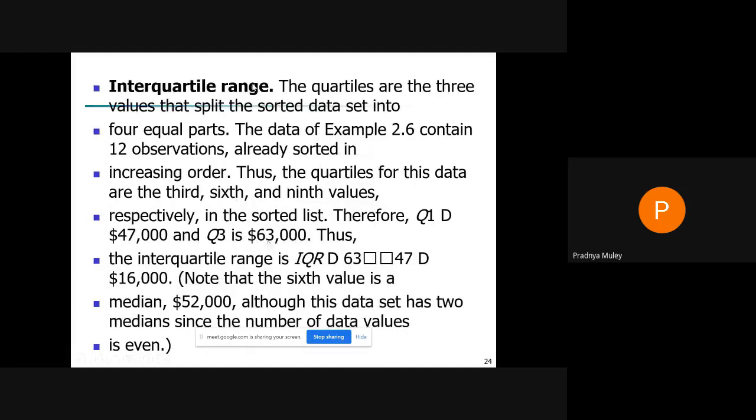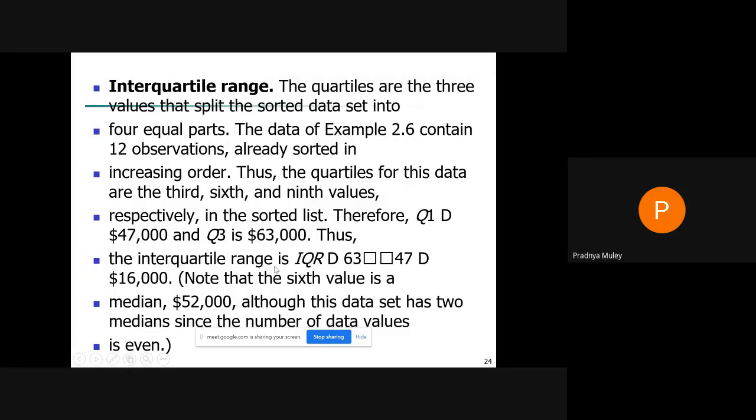The quartiles are the three values that split the sorted data set into four equal parts. The example data contain 12 observations already sorted in increasing order. Thus, the quartiles for this data are the third, sixth and ninth values respectively in the sorted list. Therefore, the Q1 quartile is 47,000 and the Q3 quartile is 63,000.